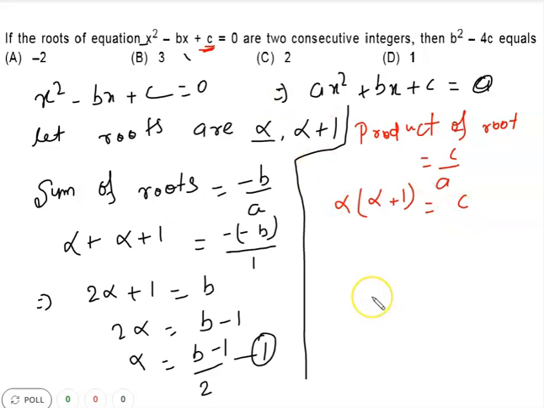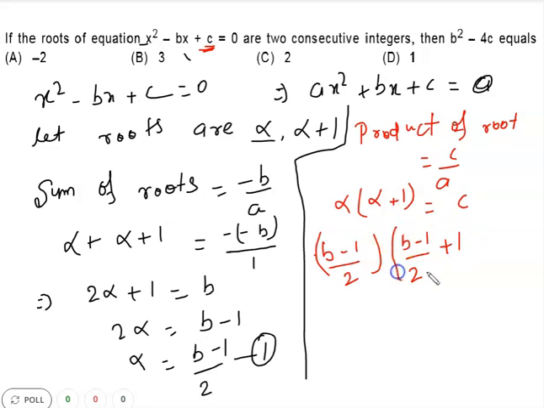So alpha into alpha plus 1 equal to c, and we can write here alpha equal to b minus 1 by 2, and alpha plus 1 becomes b minus 1 by 2 plus 1, right?